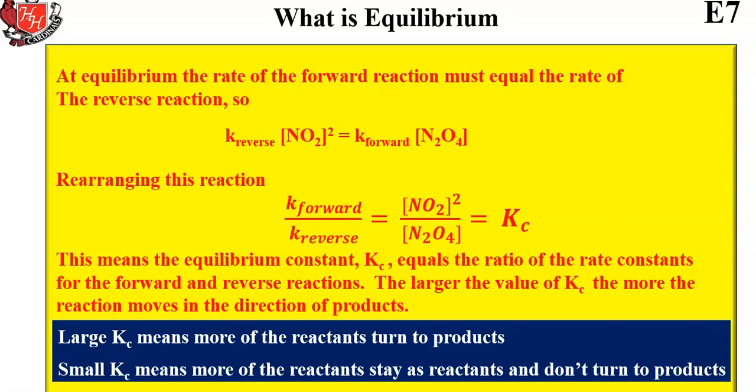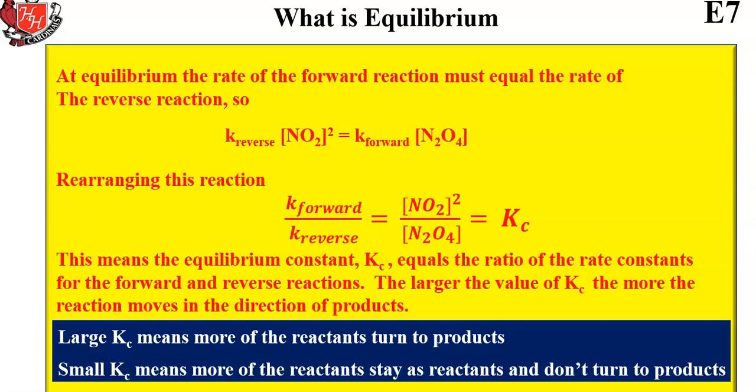If you rearrange them, then put the constants on the same side, you would divide both sides by k reverse. And then to get the concentrations on the same side, you would divide both sides by N2O4. Again, it's just a basic algebra maneuver here. You end up with k forward over k reverse equals NO2 squared over N2O4.